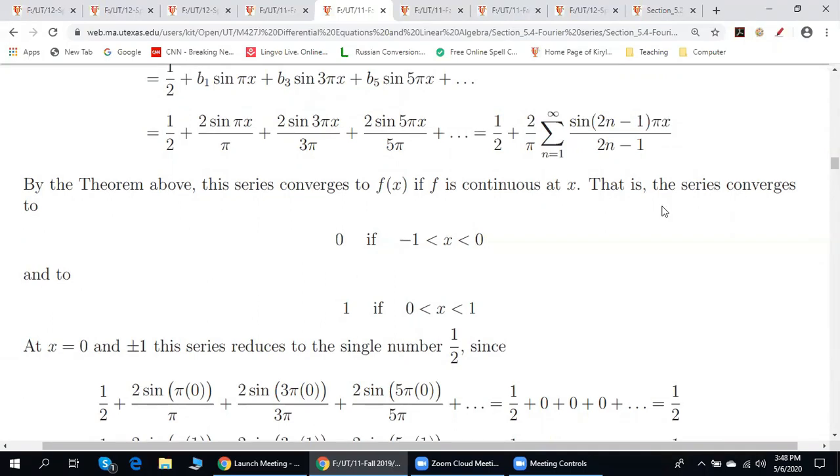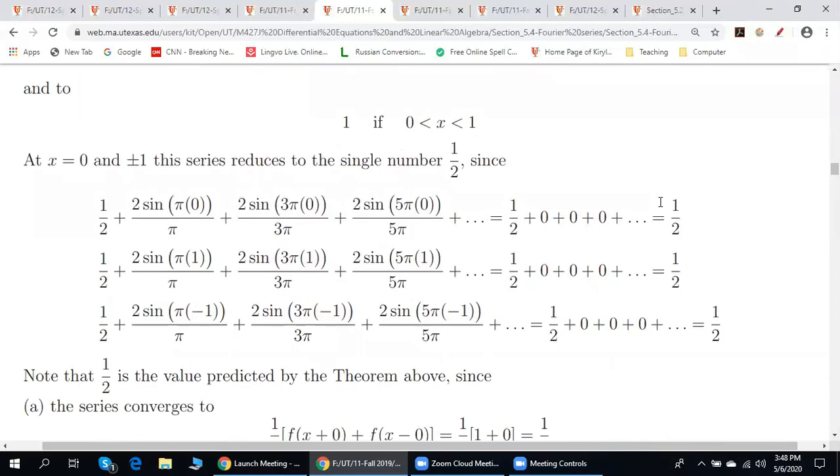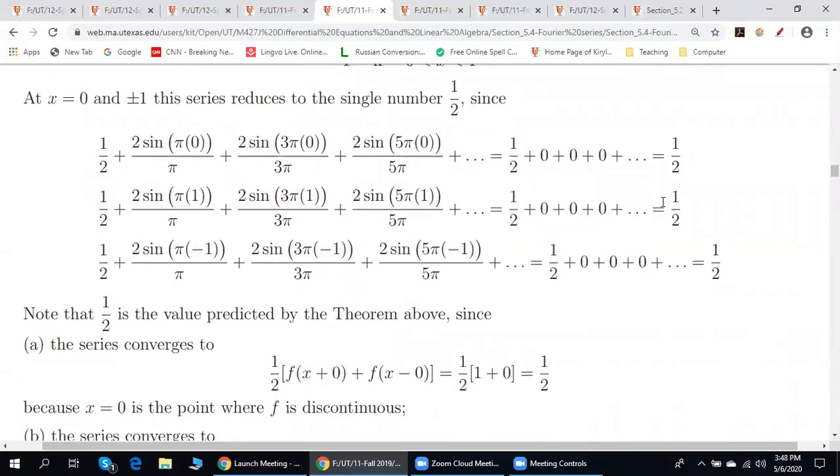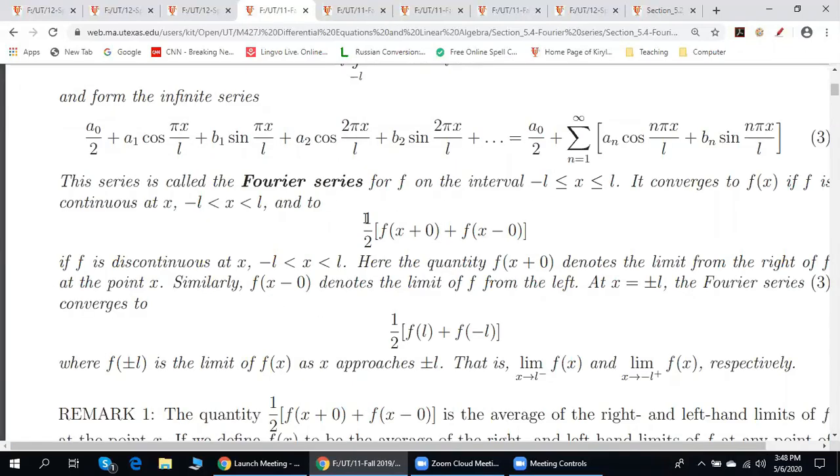And then at the endpoints and the discontinuities, those numbers we got, those 1/2s, what do those mean? Well, once again, for f, this means the following. If we have an endpoint or a point of discontinuity, we have something else. But it doesn't relate to f directly. It relates somehow. It's either this or this.